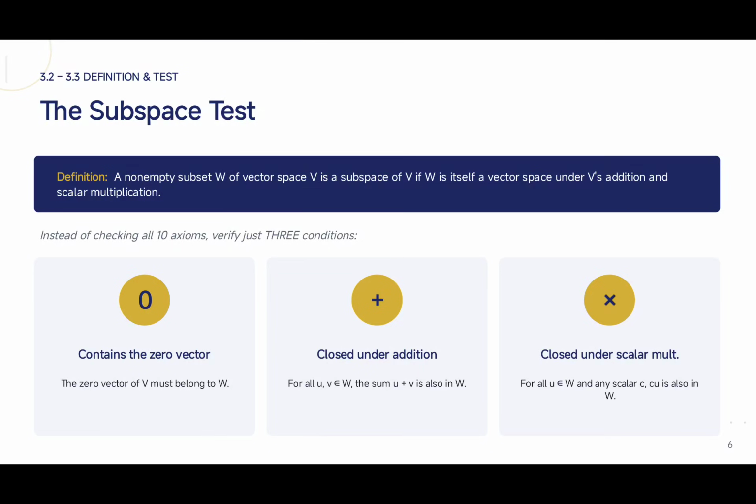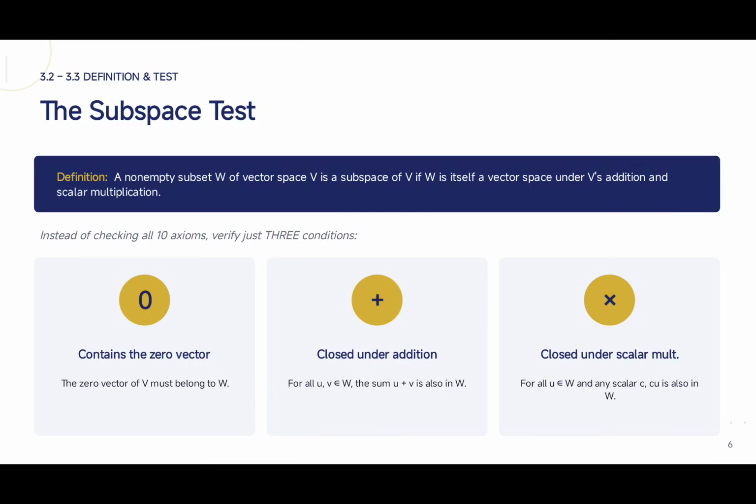Technically, to prove W is a vector space, you need to check all 10 vector space axioms. But here's the good news. If W is using the same operations as V, most of those axioms come along for free. What you actually need to check is just 3 things. One is the zero vector of V is in W. Second is W is closed under addition: any two vectors from W, and the result better still be in W. Third is W is closed under scalar multiplication.